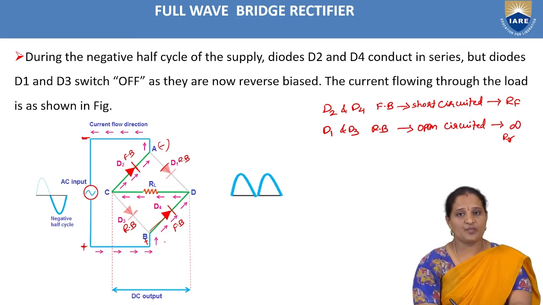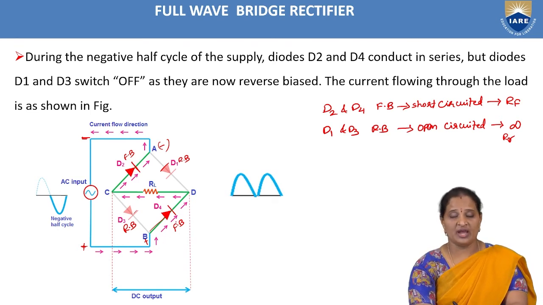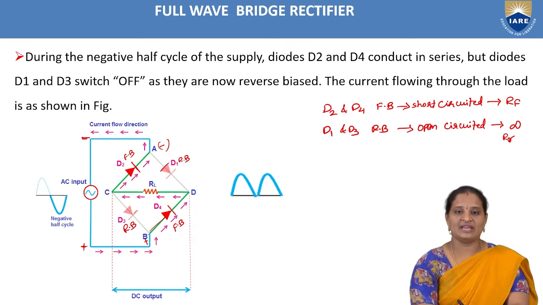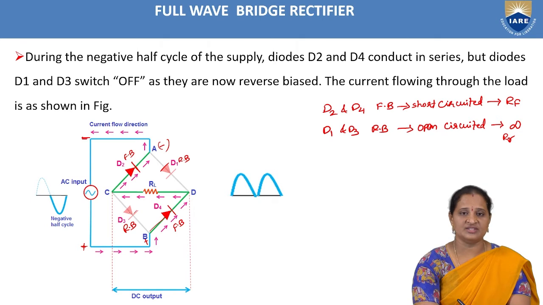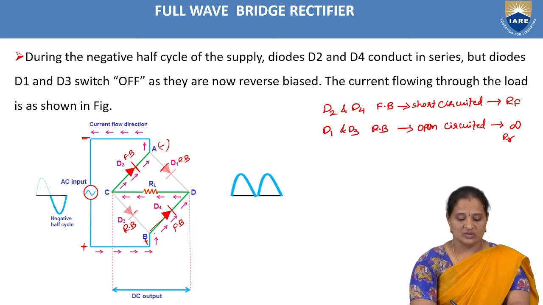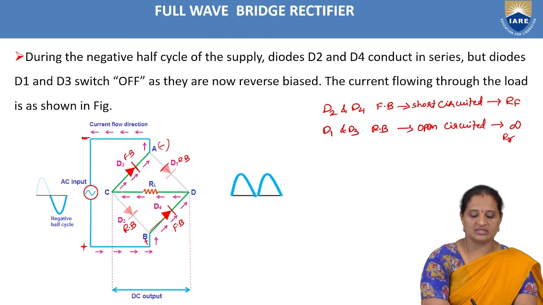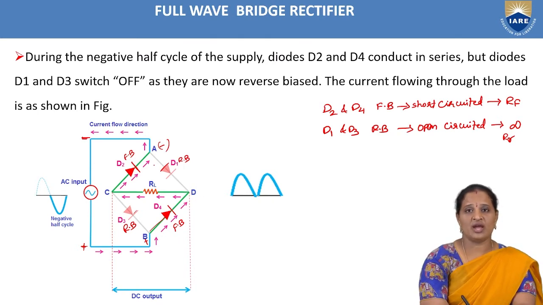So it starts from point B of the secondary winding and goes through the diode D4 which is on, whereas diode D3 is off and hence it offers infinite resistance and no current can flow through the diode D3, which is open circuited. So current flows through diode D4 which is on and through the load resistor. Why is it not flowing through the diode D1?